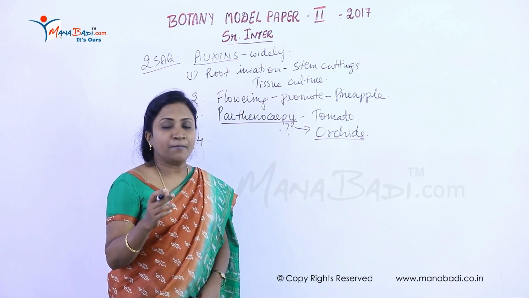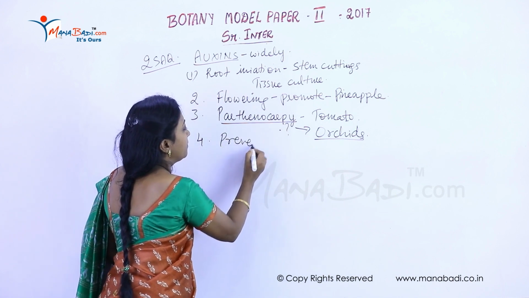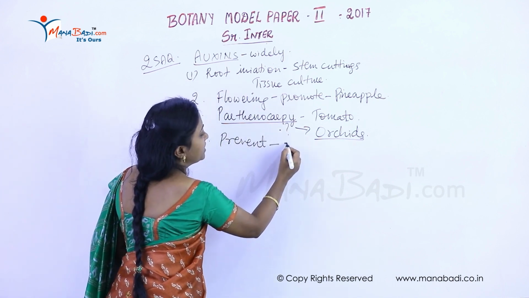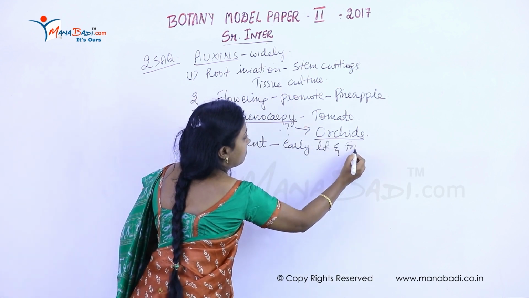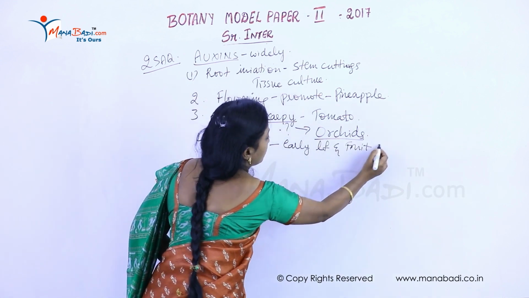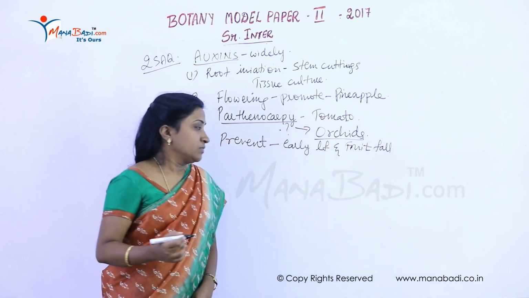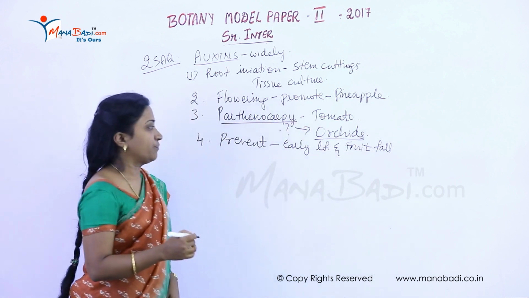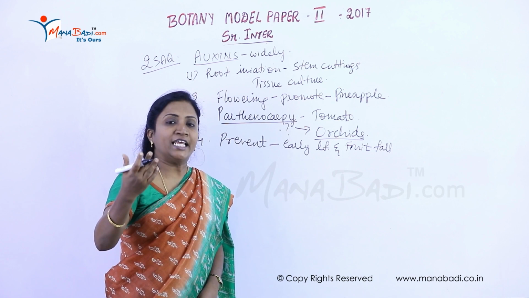Auxins prevent the early leaf and fruit fall.